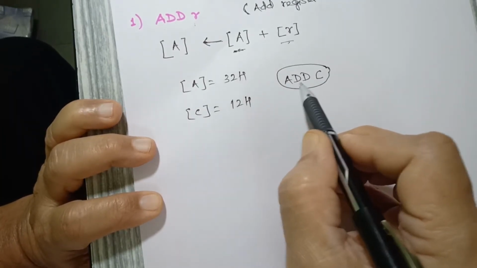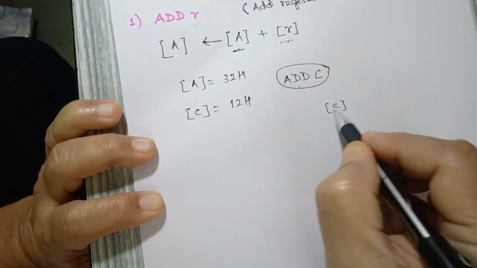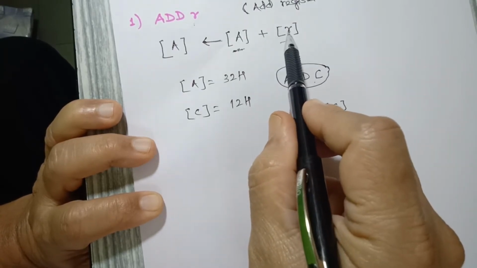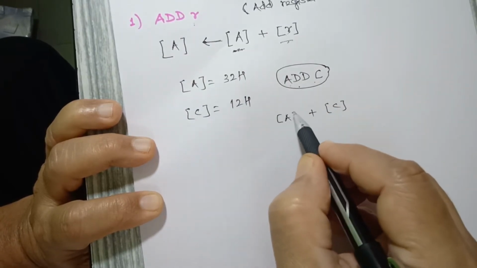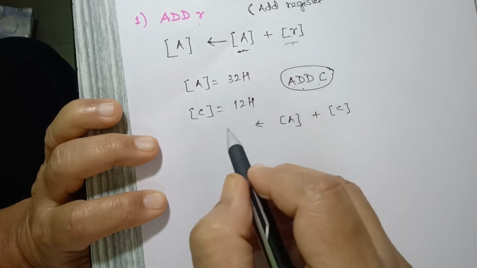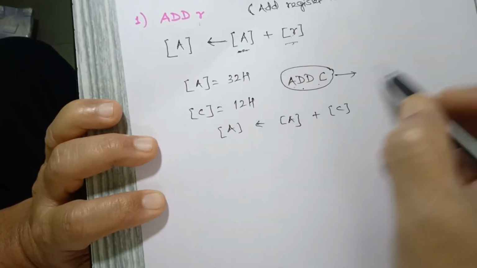What is this instruction? ADD C means the content of register C, see that instead of R we have C here, is added to the accumulator, and the result is placed into the accumulator. So what will be the result?